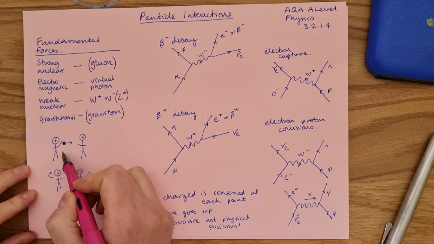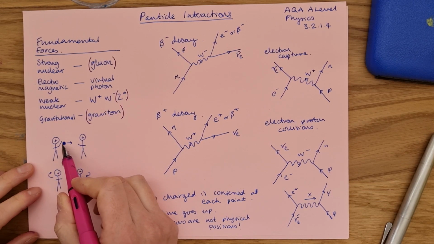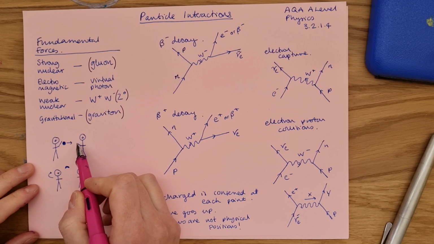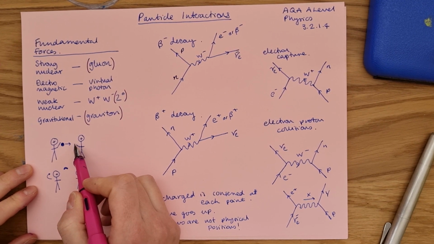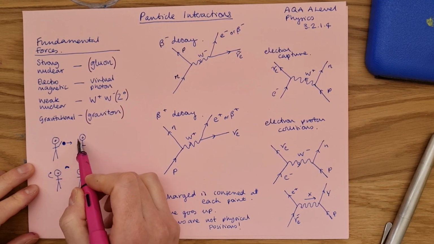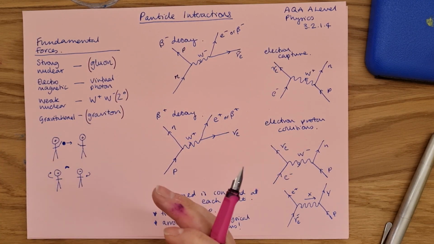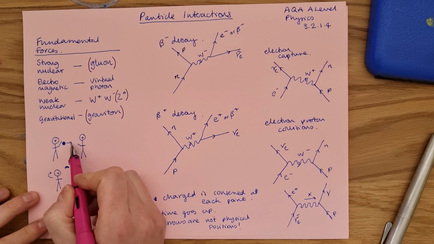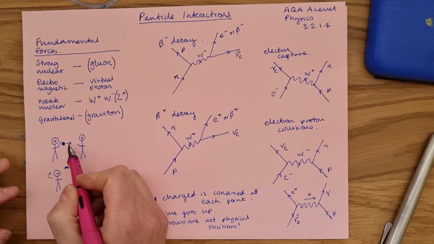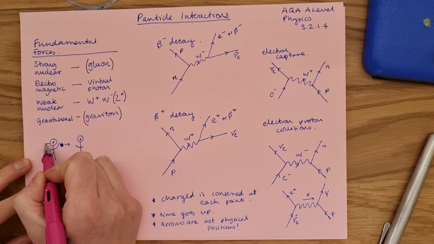And the idea is that without actually touching each other, they could exchange something, like a basketball or a bowling ball. This person could throw a bowling ball at this person, and actually they would both move apart because of momentum. If this person was stationary and suddenly fired out a ball in that direction, this person would move this way.